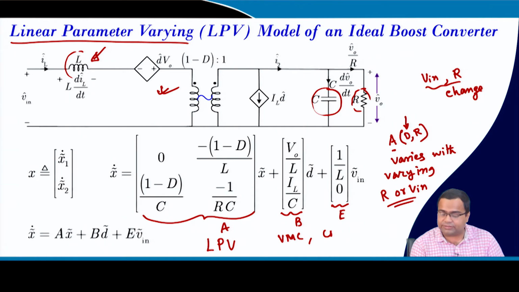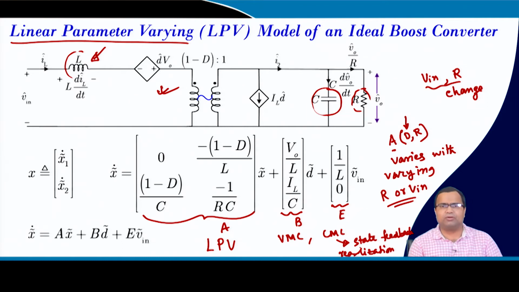We can design using current mode control, and we have also learned that current mode control has an alternative state feedback realization. So, state feedback realization, that also we have learned. So, we can implement different types of control using this linear parameter varying model.